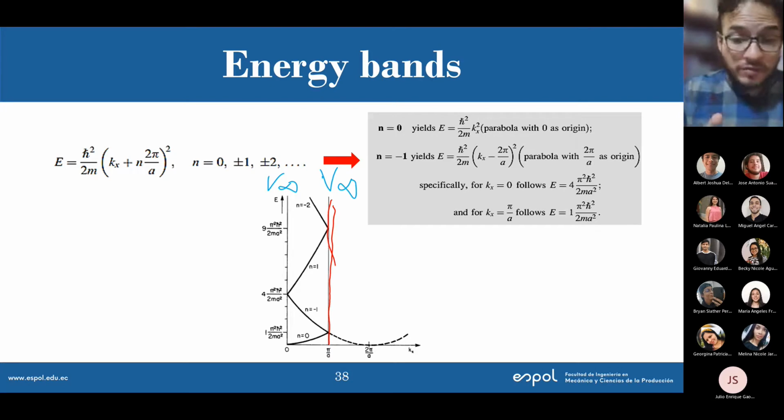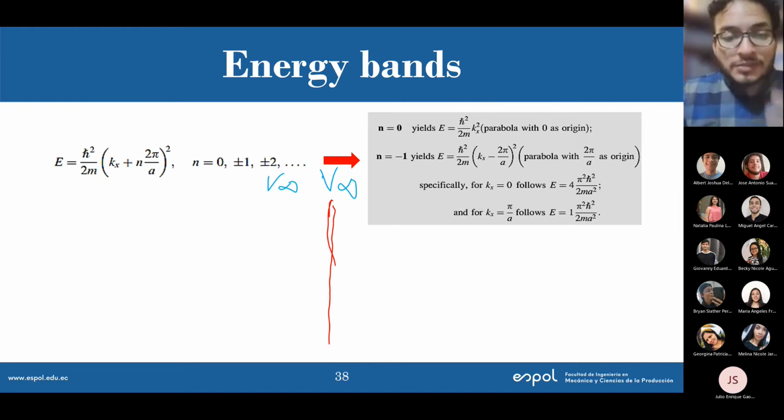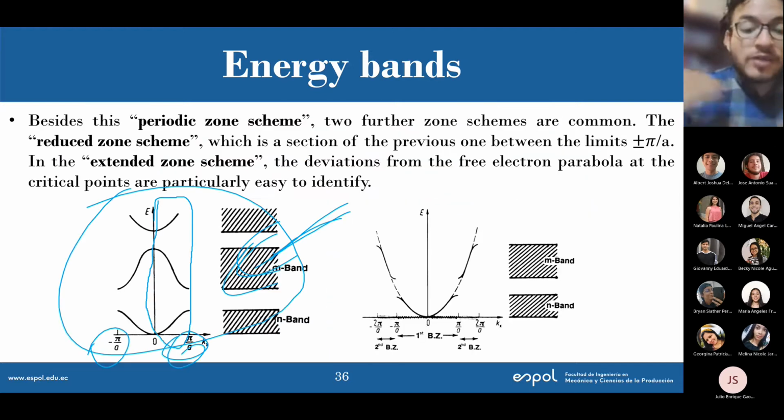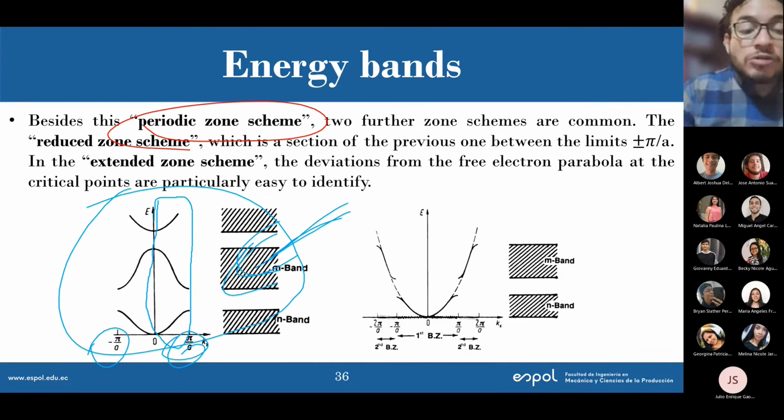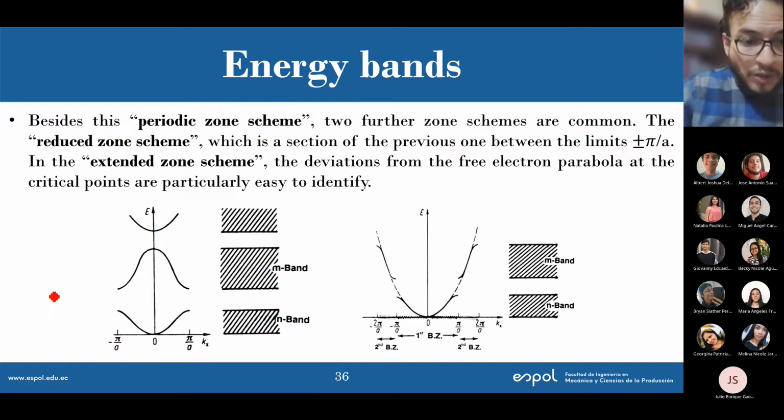There's no barrier there. It doesn't mean that the electron is only moving to pi over a. All I'm doing is just because of this scheme. There are three different schemes. The periodic zone scheme, like this one, where it can keep going forever and forever, right? The reduced zone scheme that I can use to plot just from these values, or even like the one in the next slide, just from 0 to pi over a.